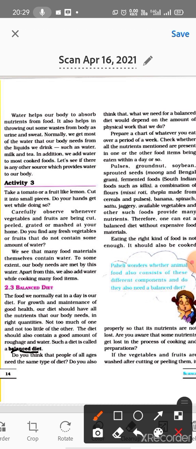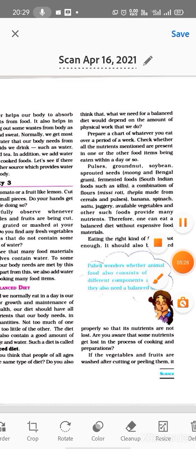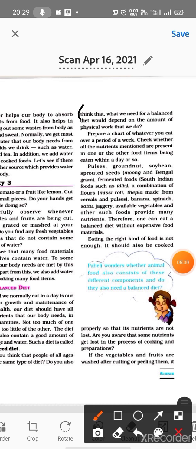Do you think that people of all ages need the same type of diet? Do you also think that what we need for a balanced diet would depend on the amount of physical work that we do? Prepare a chart of whatever you eat over a period of a week.